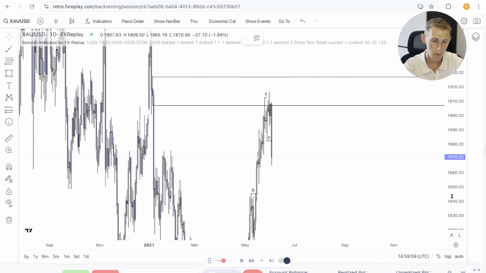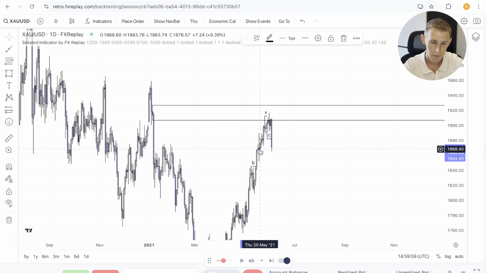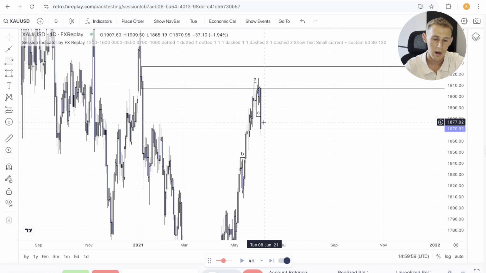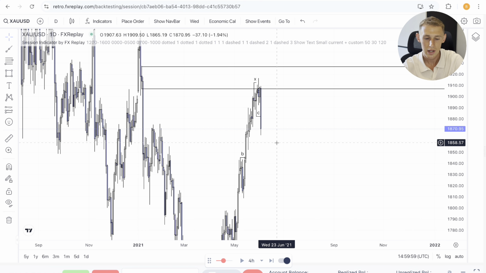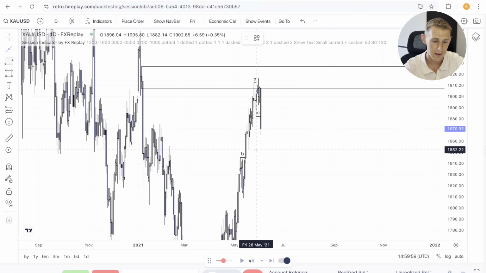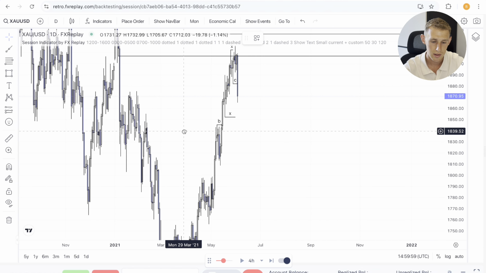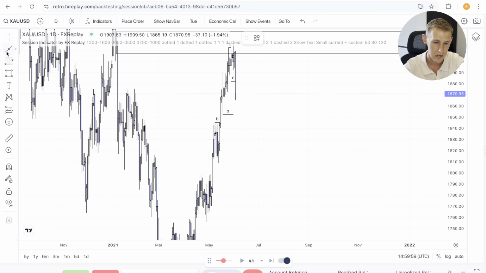So if we zoom back out to the daily time frame, one thing I like to do when you see price reverse like this, or whenever you see it pulling back in an overall bullish or even bearish trend, is just zoom out and look at the levels where price could potentially come into. In this case we have this area of previous liquidity, right?